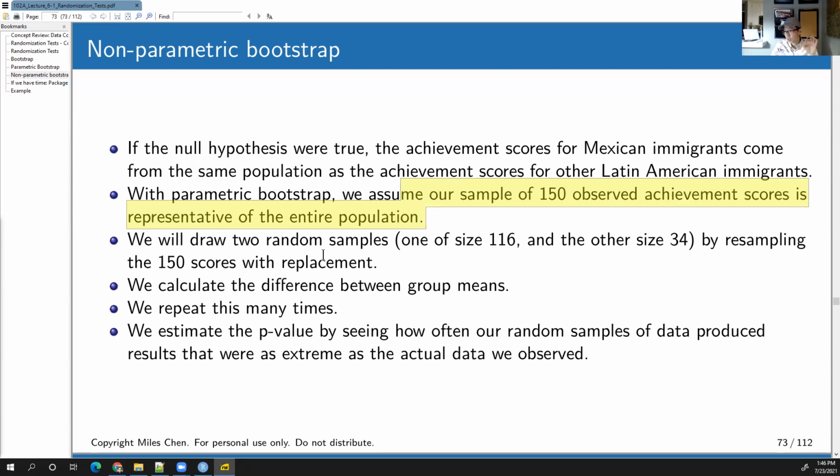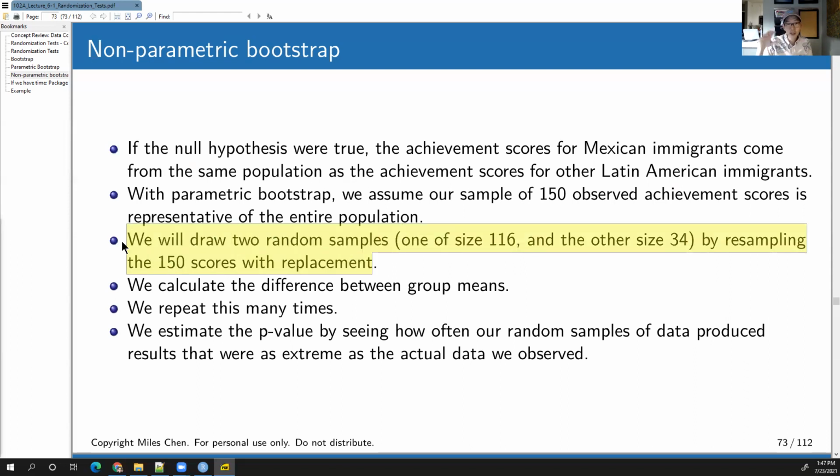So we're going to draw two random samples, one of size 116, because we have 116 immigrants from Mexico, and one of size 34, because we have 34 immigrants not from Mexico. We're going to draw both samples from all 150, okay?